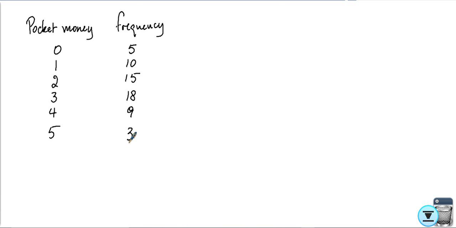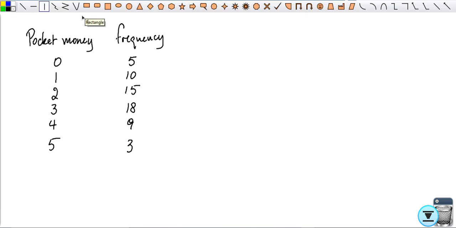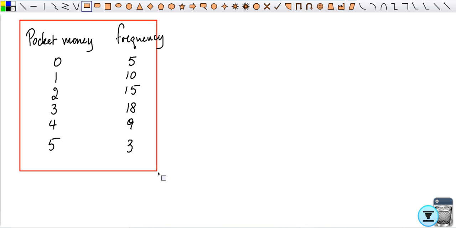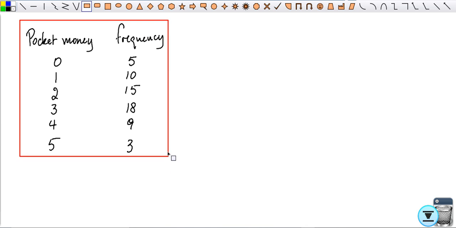So that is our table now. I've drawn the table in a different manner so that you'll have different examples.